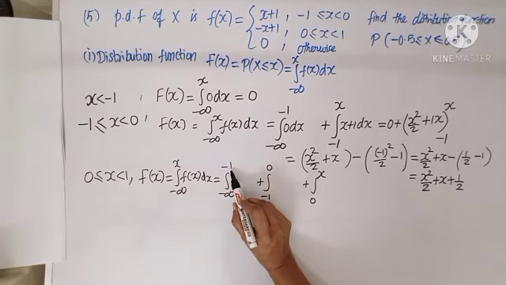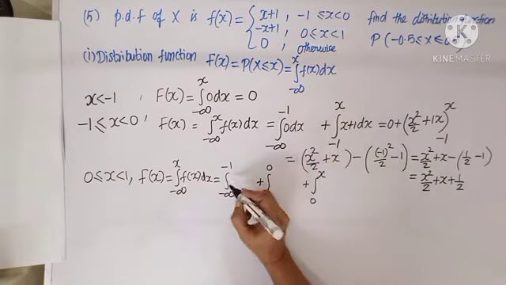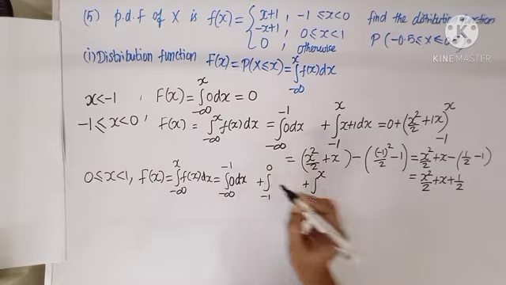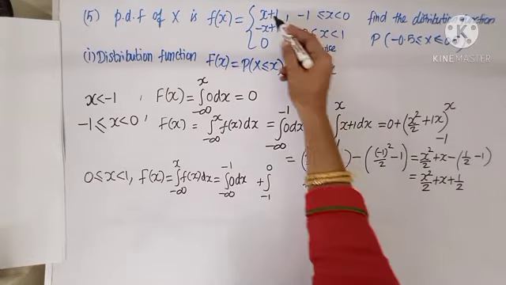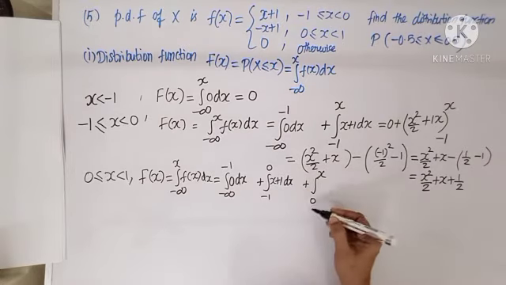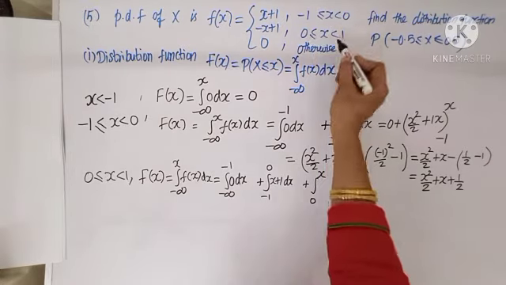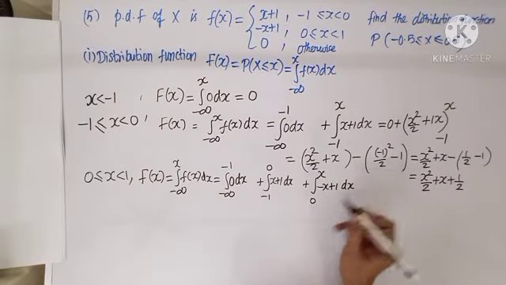Minus infinity to minus 1, the function is not defined, it is only 0. Minus 1 to 0, the function is x plus 1. 0 to x, 0 onwards, the function is minus x plus 1 dx.